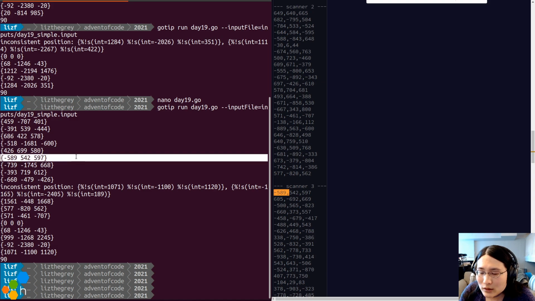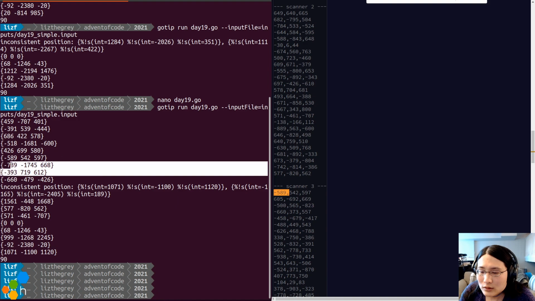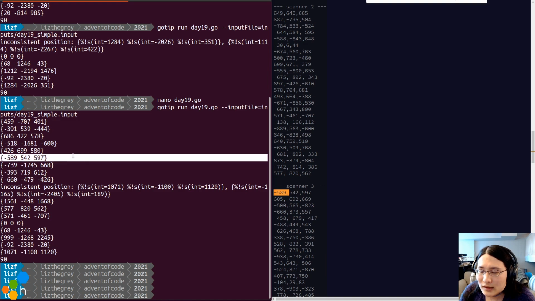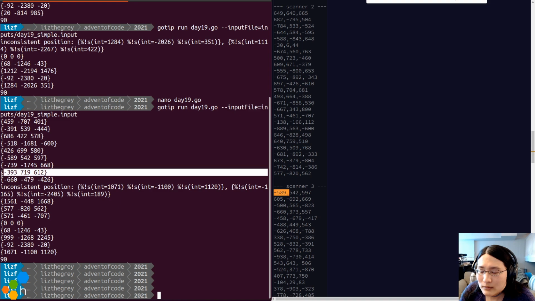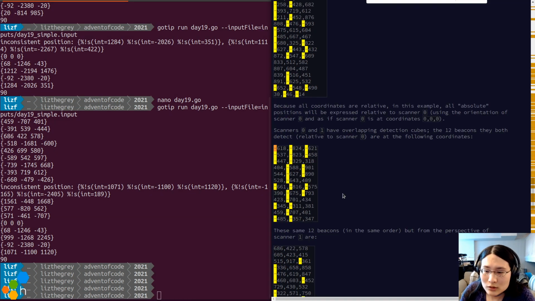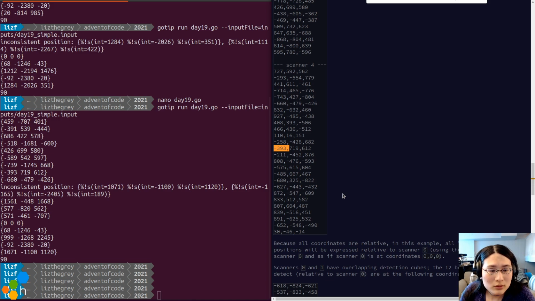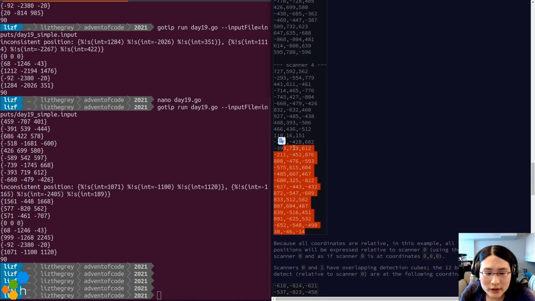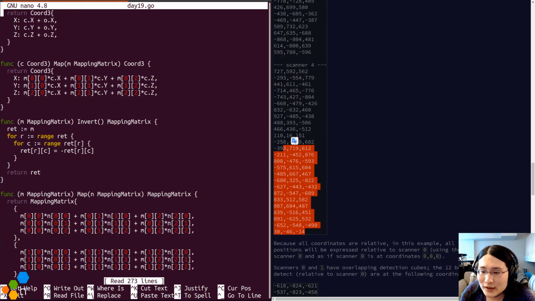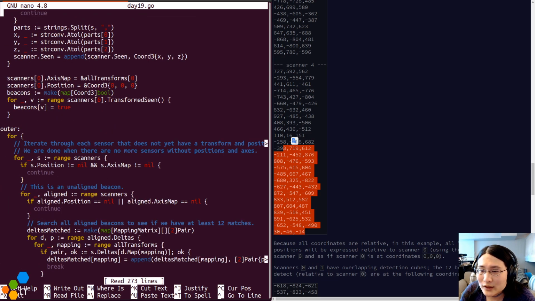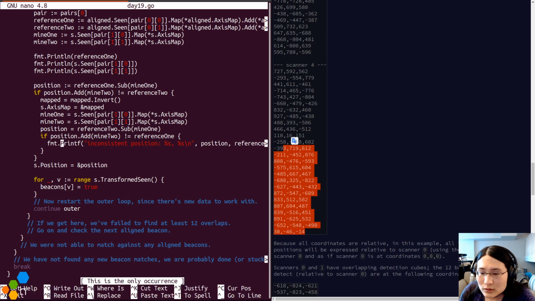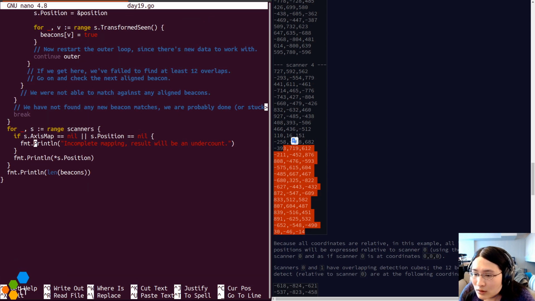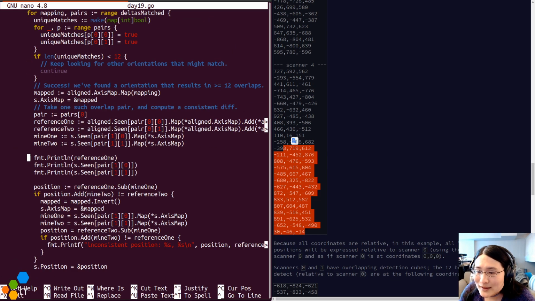Wait, that's not right. Right, so make sure I'm printing the correct number of things. So the problem, as I said, is that, okay, I'm printing three things.